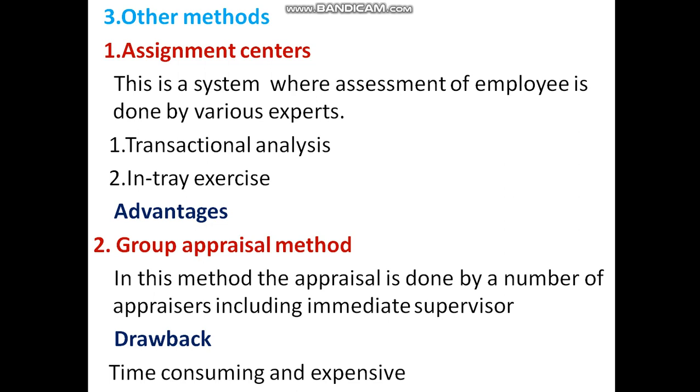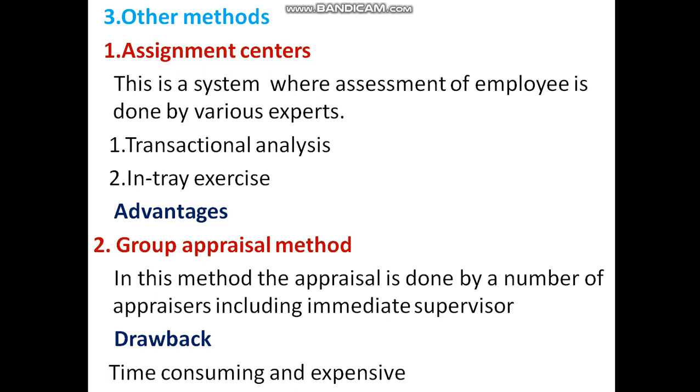That is transactional analysis: social transactions are analyzed to find out the ego state of employees, and employees are taught to alter these ego states to solve emotional problems.